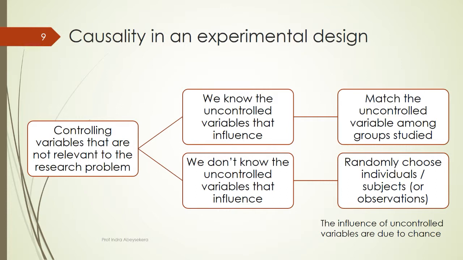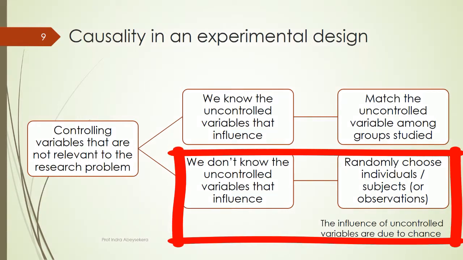But if we don't know which uncontrolled variables are influencing, then we can randomly choose the individuals that are assigned to a group where we are going to look at the relationship of the independent variable by changing the independent variable, and the other group where we are not going to change the independent variable, and then compare.